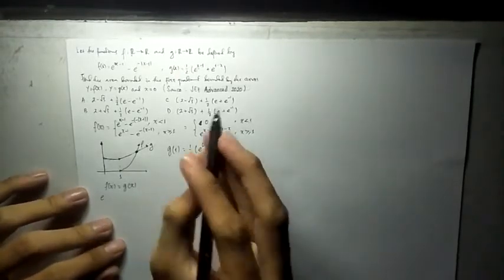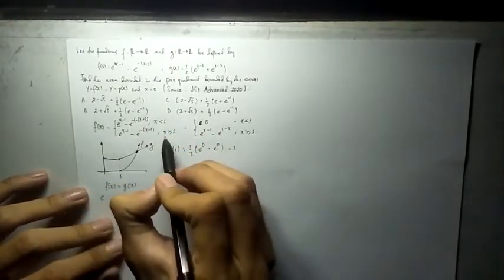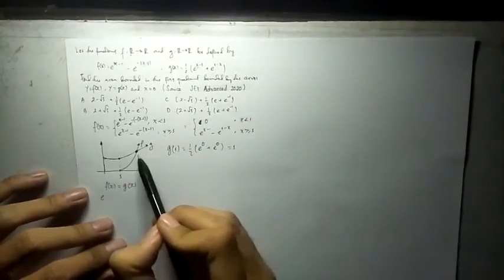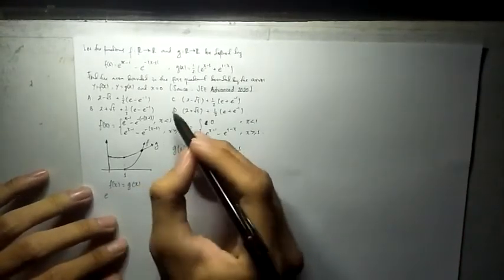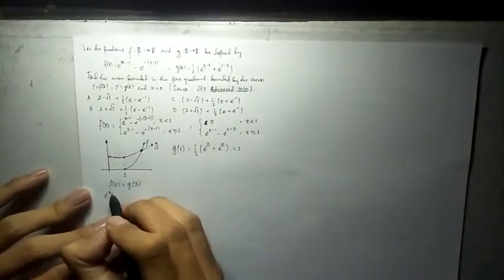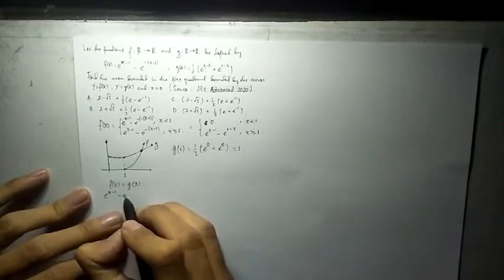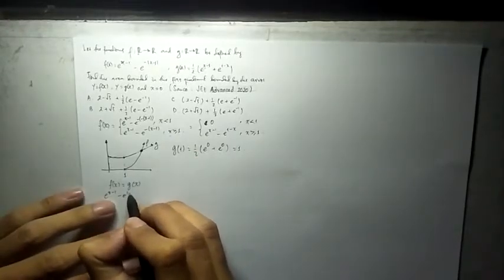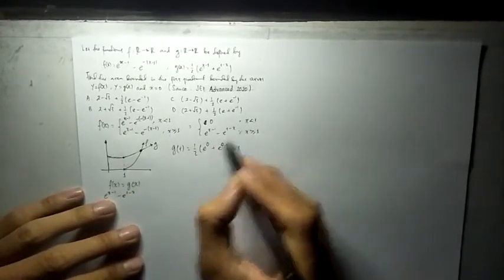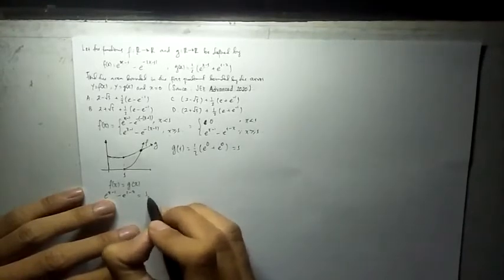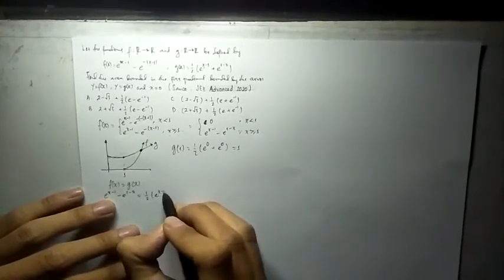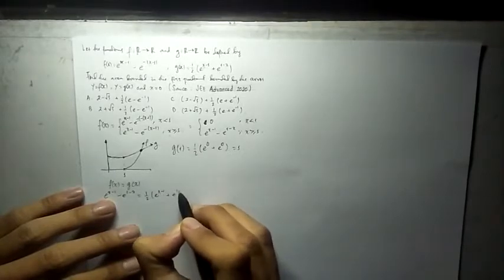We choose the piece for x greater than or equal to 1, because the intersection must be greater than 1, not before 1. So we choose the positive one. It's e to the x minus 1 minus e to the 1 minus x, and that equals 1/2 times e to the x minus 1 plus e to the 1 minus x.